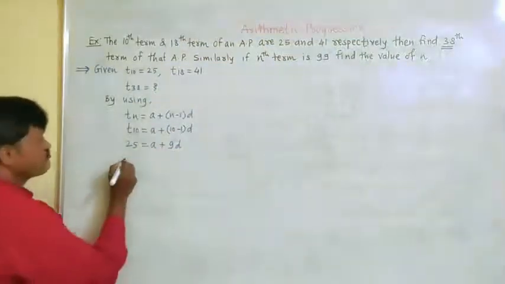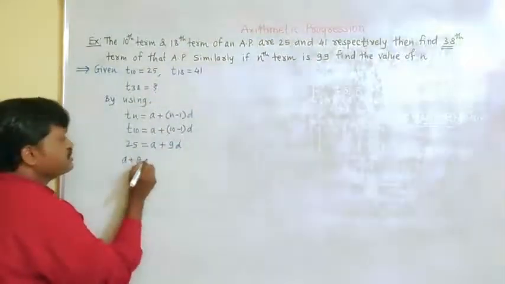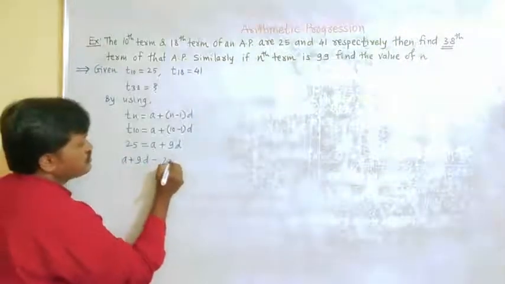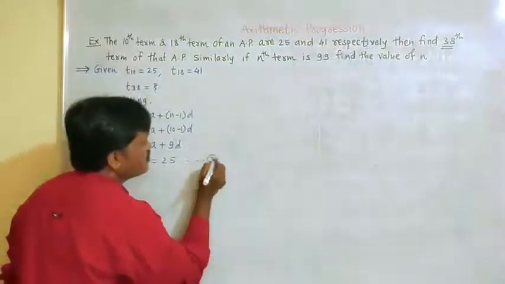Change the sides: A plus 9D is equal to 25. So this is equation number 1.